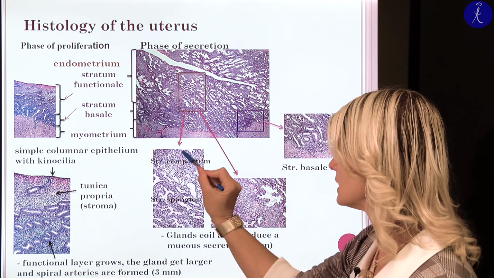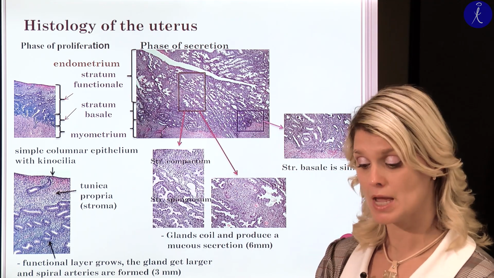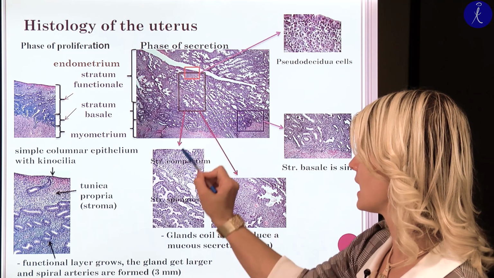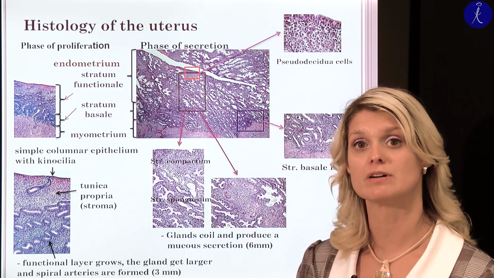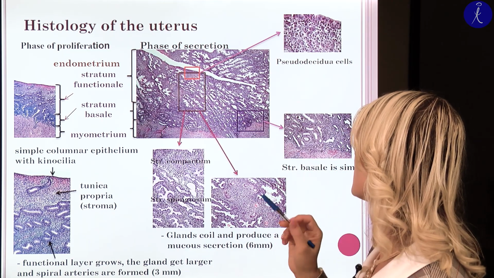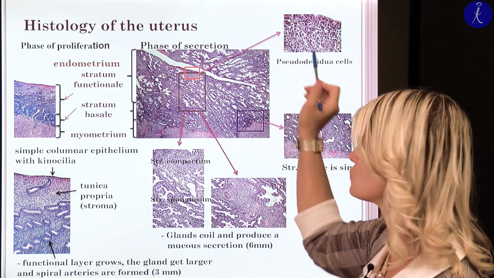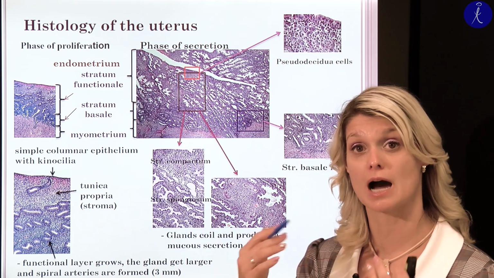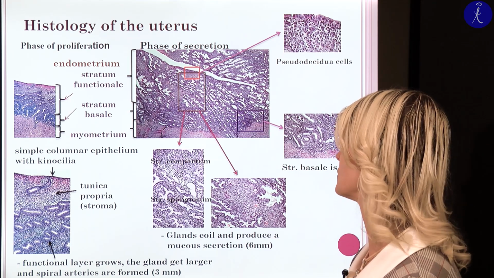And after, the uppermost layer is called stratum compactum, because here the stroma cells will grow, they will store a lot of nutrients inside. So that's why they have an epithelioid shape, and they will be close to each other to form the uppermost compact layer of the endometrium.